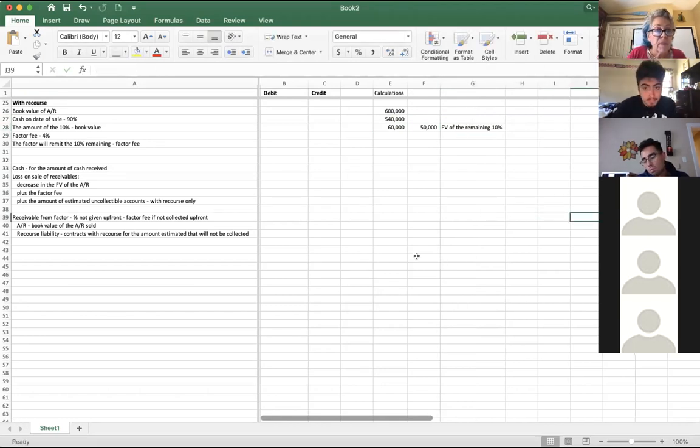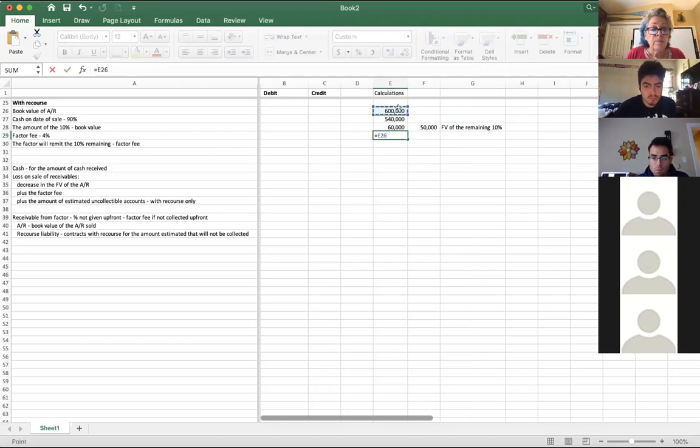Okay? The factor fee is still 4%. So the book value of the accounts receivable times the 4% is 24,000.